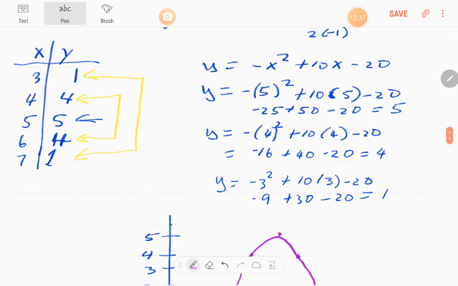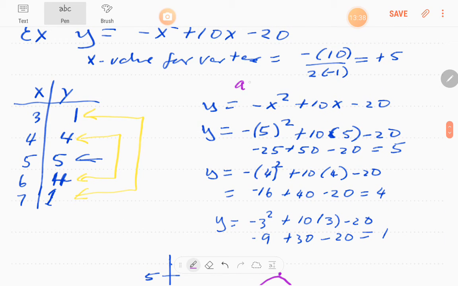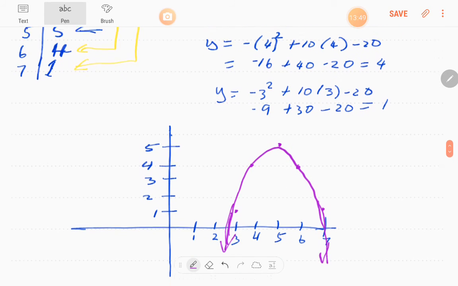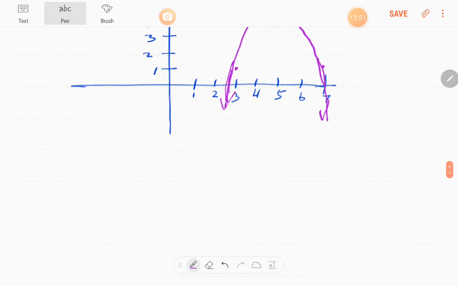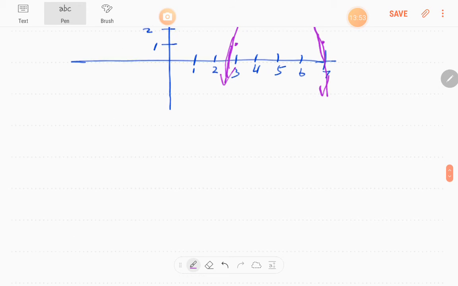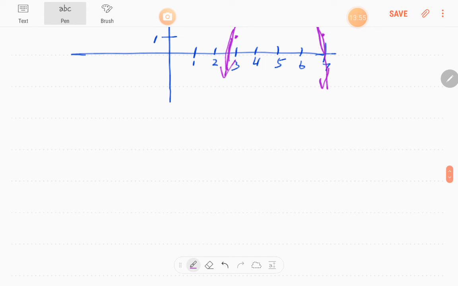And again, that's because here a is a negative value. The coefficient in front of the x squared is negative. So the parabola opens downwards.